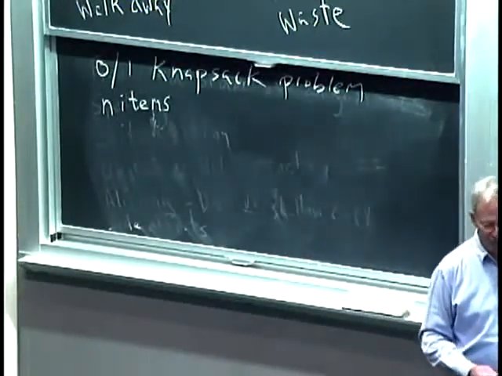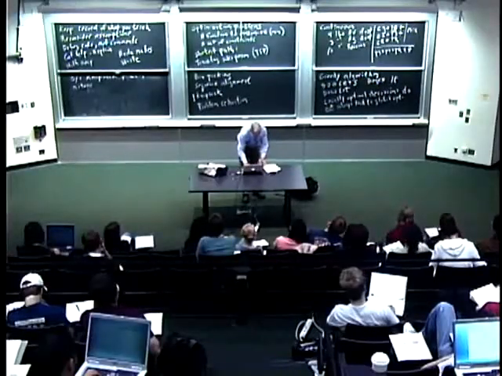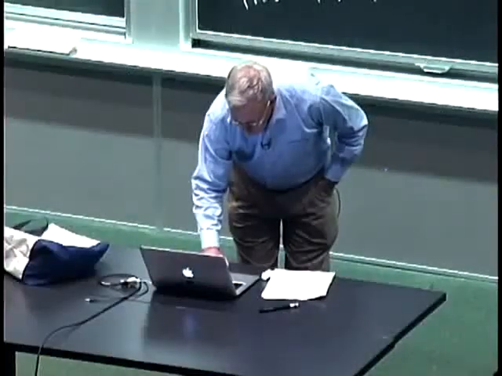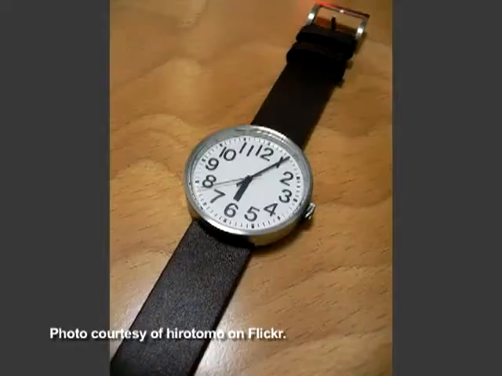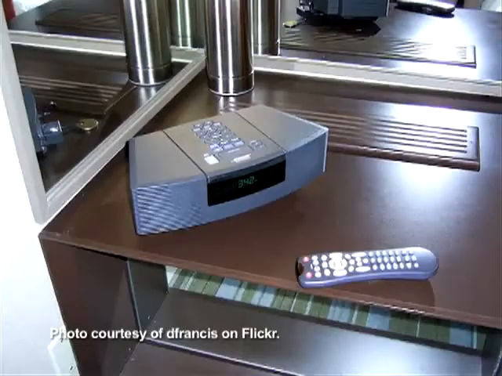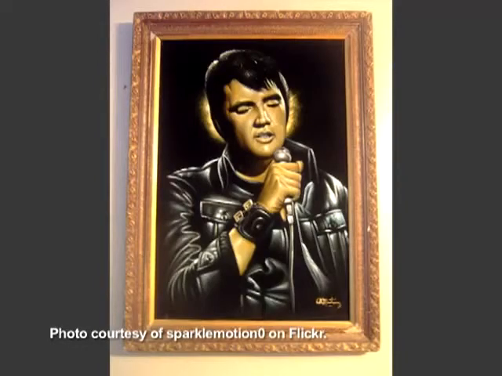So let's look at an example of a 0-1 knapsack problem. Again, we'll go back to our burglar. The burglar breaks into the house and finds the following items available. And you'll see on your handout a list of items and their value and what they weigh. Finds a watch, a nice Bose radio, a beautiful Tiffany vase, and a large velvet Elvis.